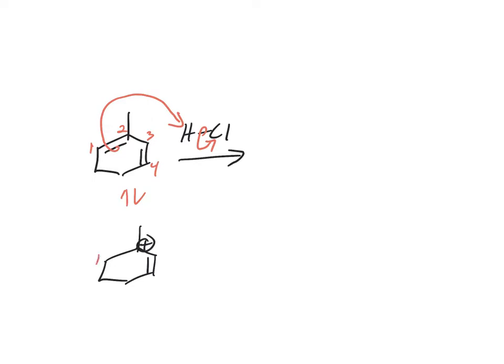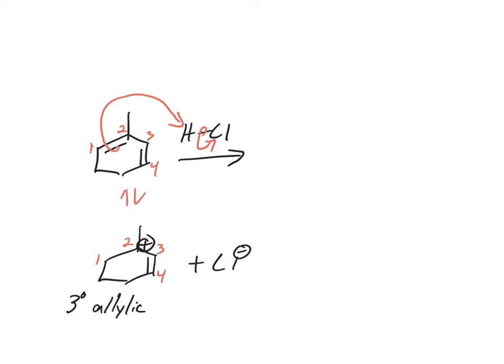Renumber our carbons, 1, 2, 3, 4. Plus, we have what else left over to balance our charge? Cl minus. So at this point, what kind of carbocation do we have here? Tertiary and allylic. Good.